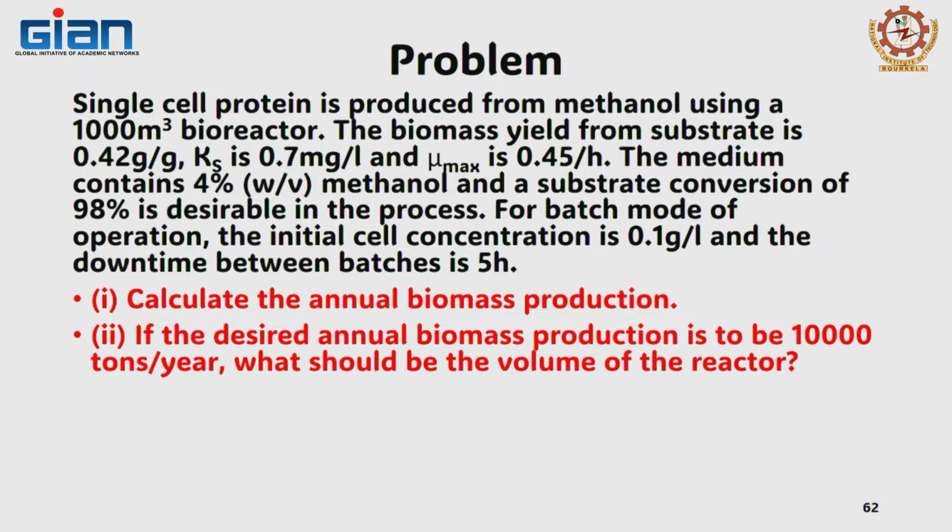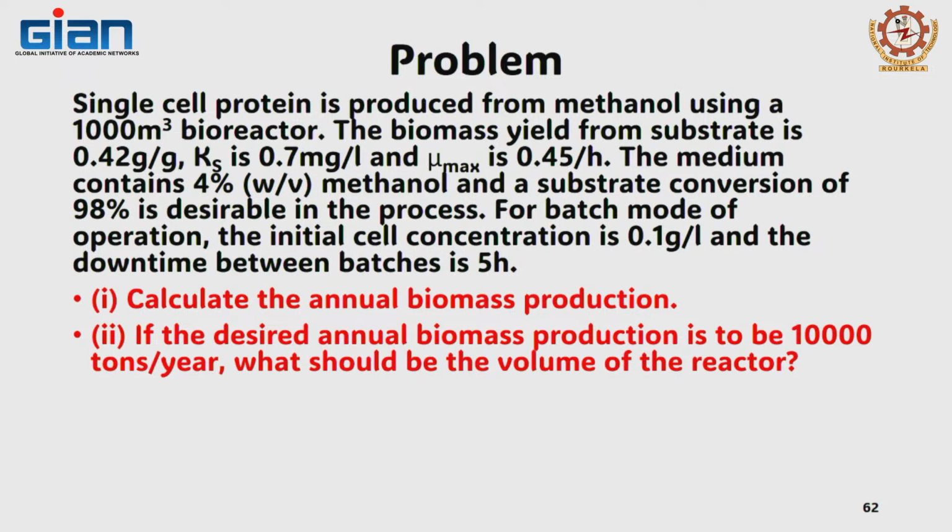The Ks is 0.7 milligram per liter. Your mu max is 0.45 per hour. That means you are given your mu max. The medium contains 4% weight by volume methanol, and a substrate conversion of 98% is desirable in the process.